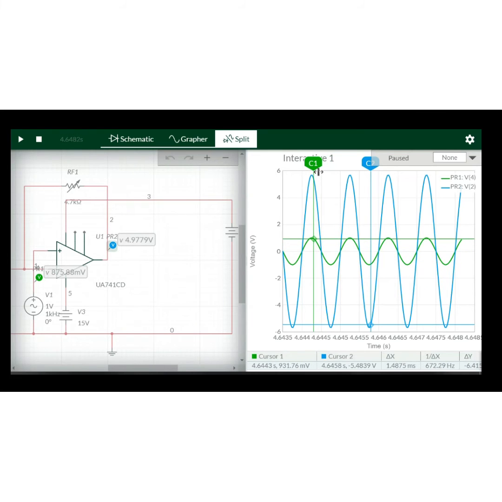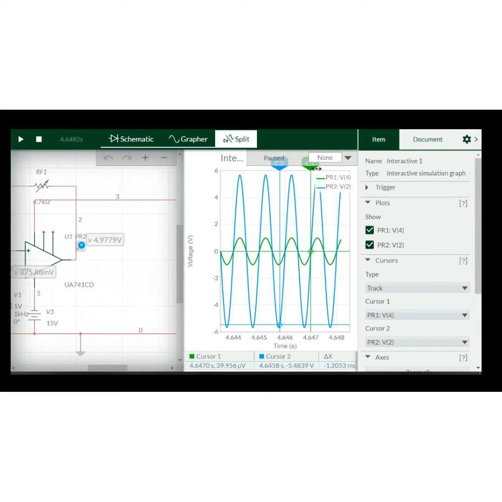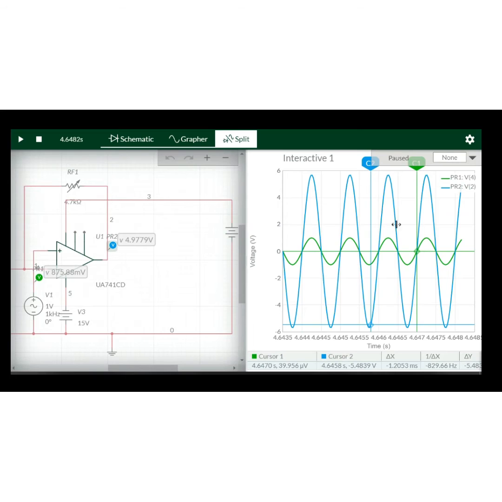So C1 is 994.07 millivolt, and for the cursor 2 is 5.5897 volt.